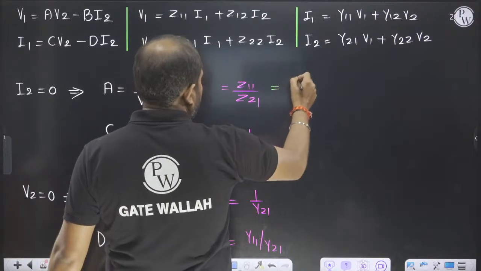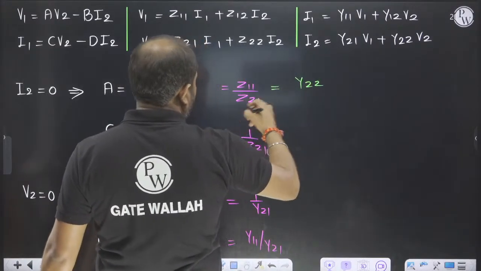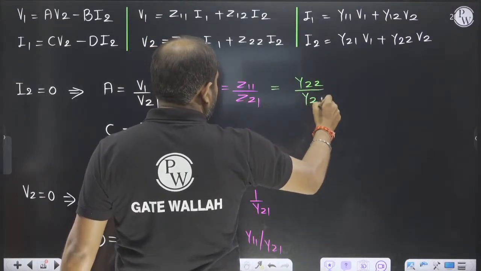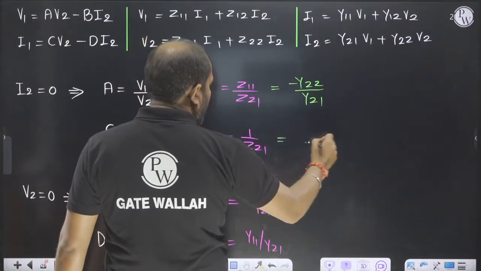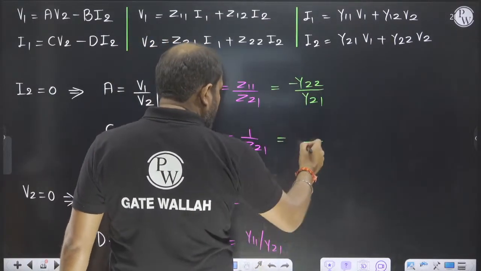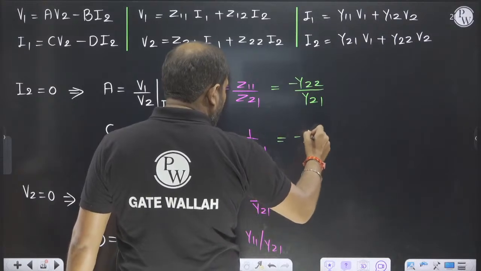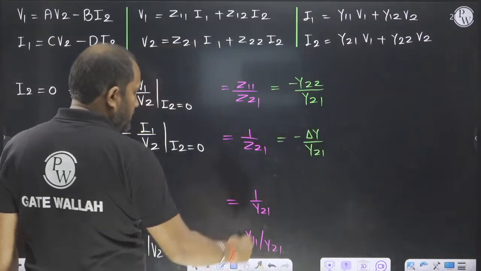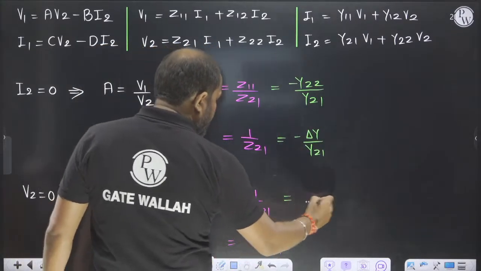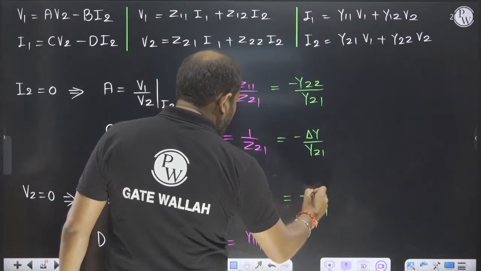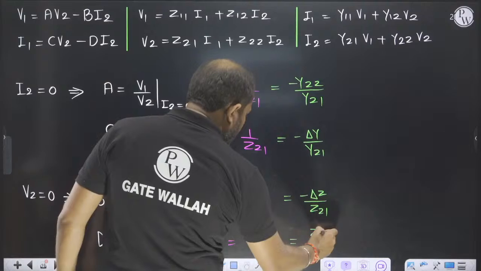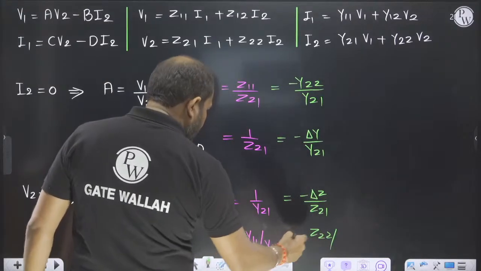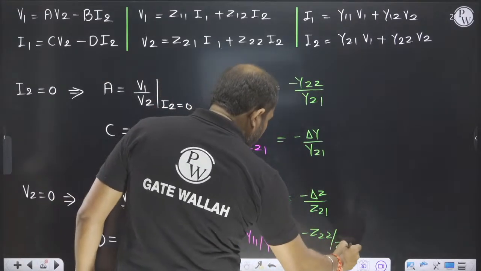So Z11 will be written as Y22 and Z21 will be written as minus Y21, so the minus will go outside, delta Y. It will be written as Z21 and minus delta Z, and it will be written as Z22 and minus Z21.